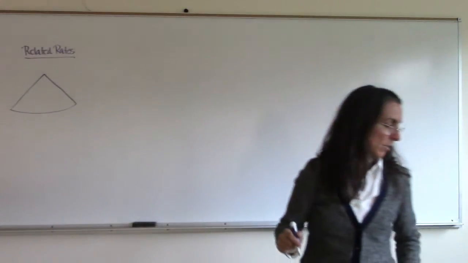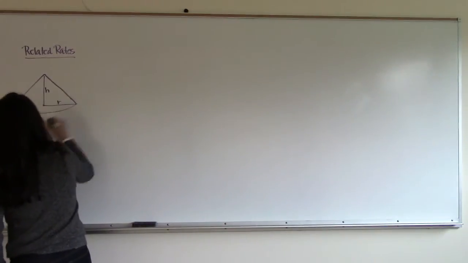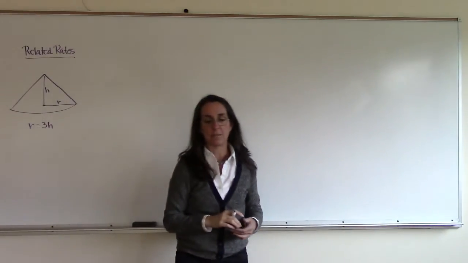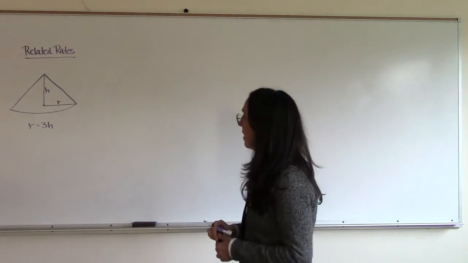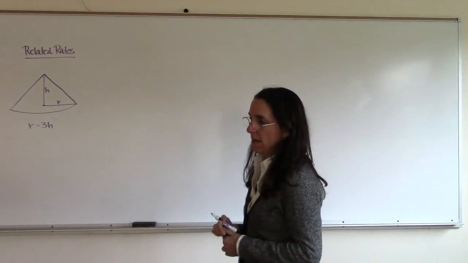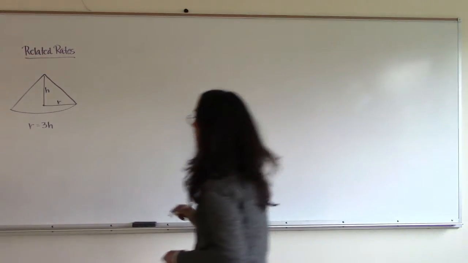And in this particular sand pile, the radius is always 3 times the height, so I have not drawn the pile to scale. And we know that sand is being added to the pile at a rate of 100 cubic feet per minute.